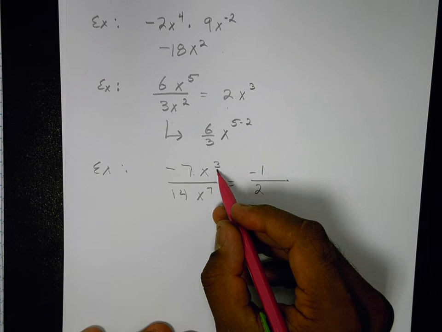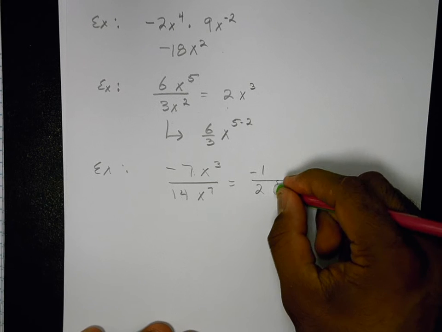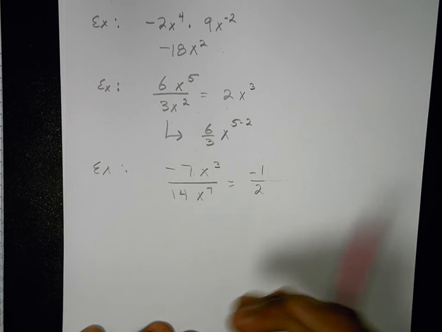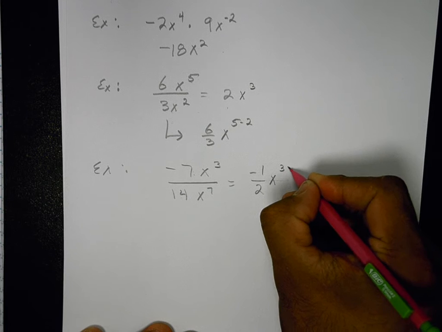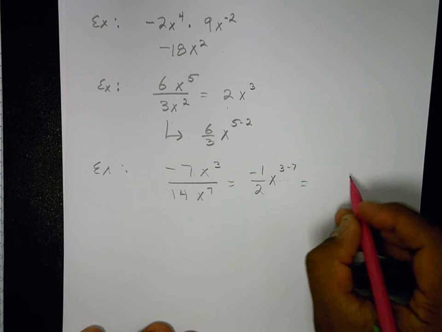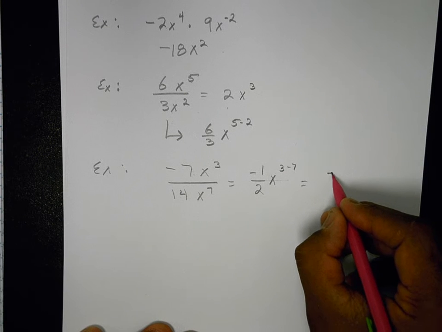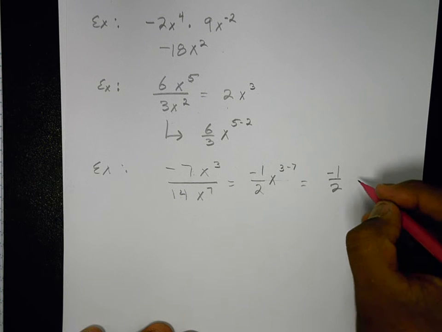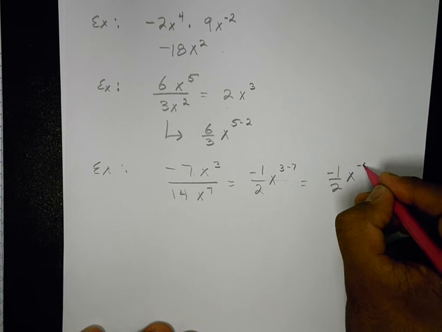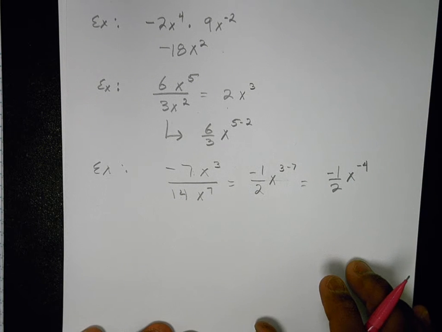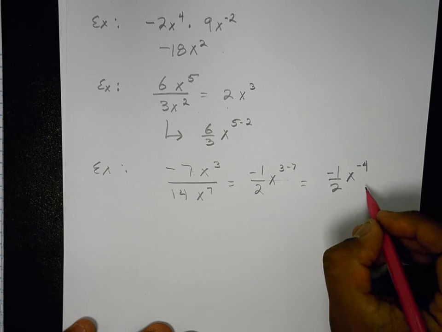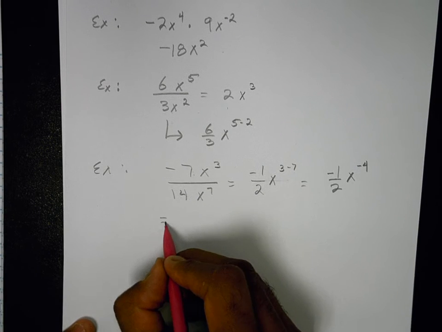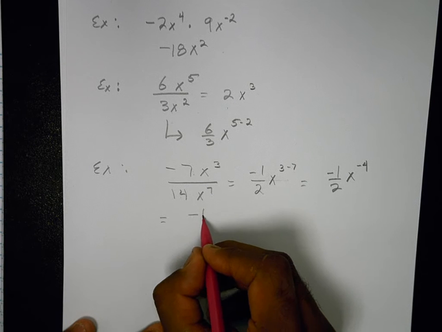Then I have 3 on the top and 7 on the bottom. If I do the shortcut here, I'd end up with negative 1/2 x to the negative 4. It's not customary or proper to leave your answers with negative exponents, so I'll come over here.